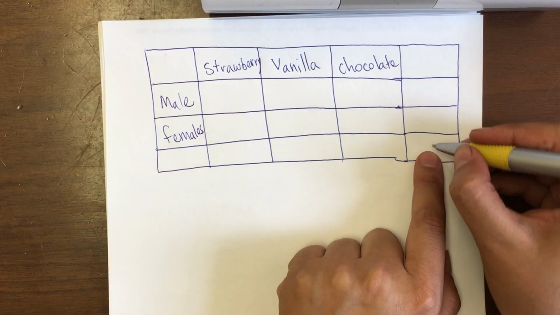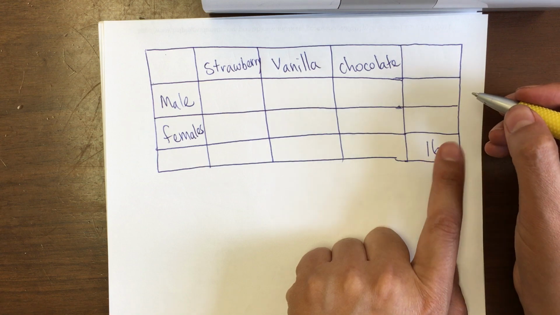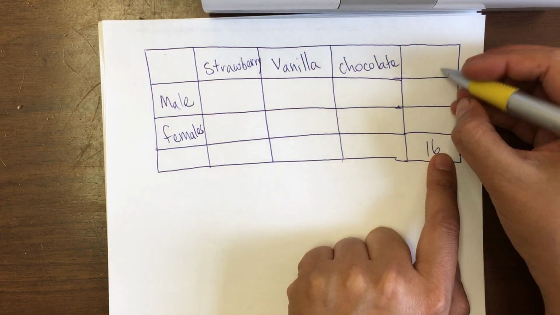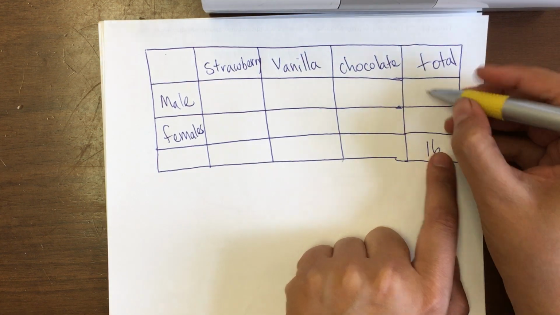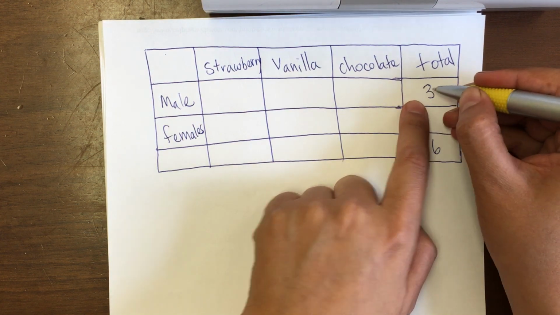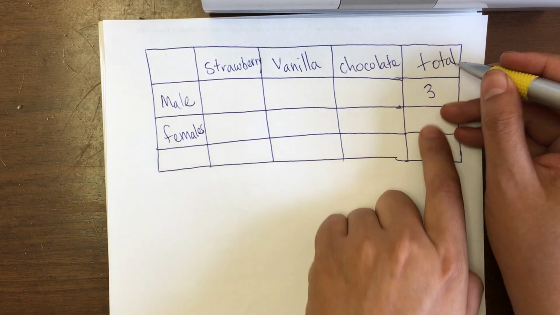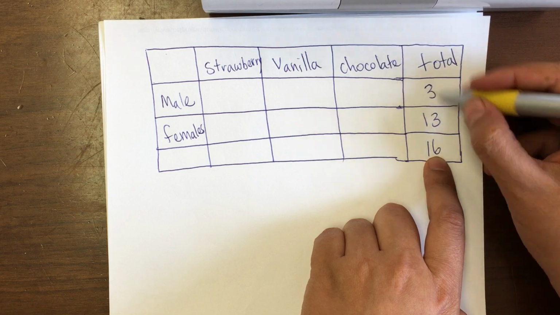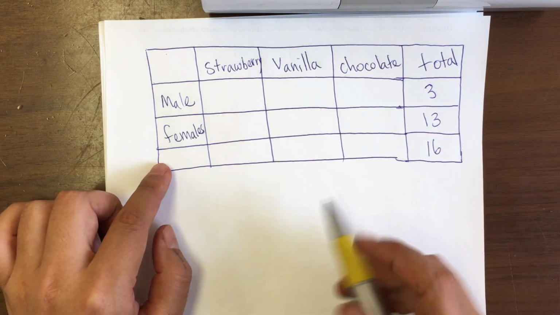So my total number of students, which I'm going to put here, the grand total of students was 16. Okay? In that one class, so let me put here total. I had a total of 3 males. Notice how I'm dividing total of 3 males. And then I had 13 females. Okay, if you notice, when I add this, that add up to the 16 students that I had.